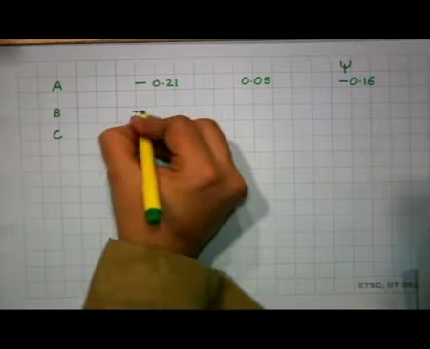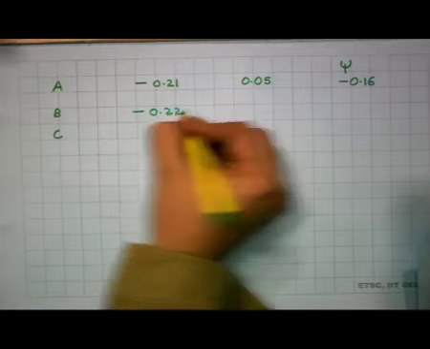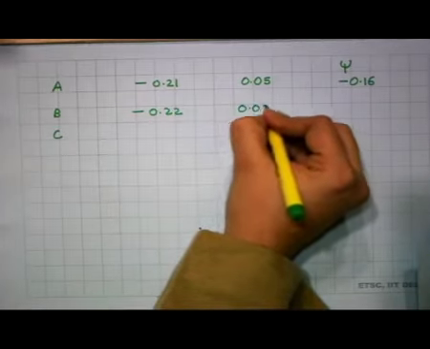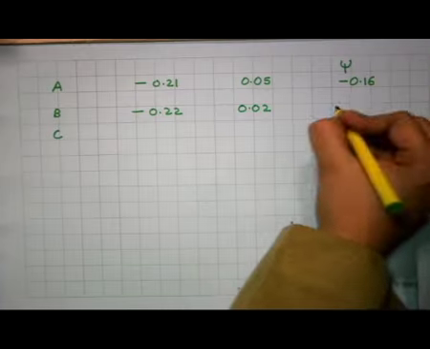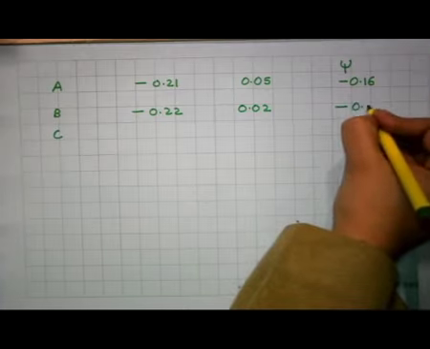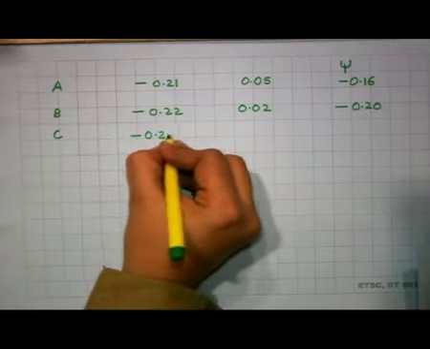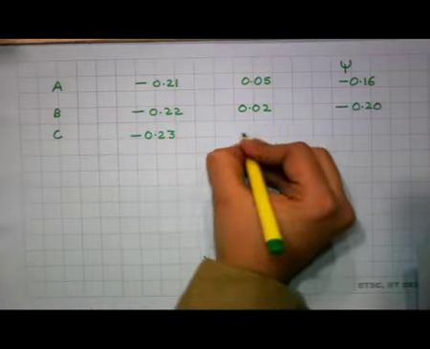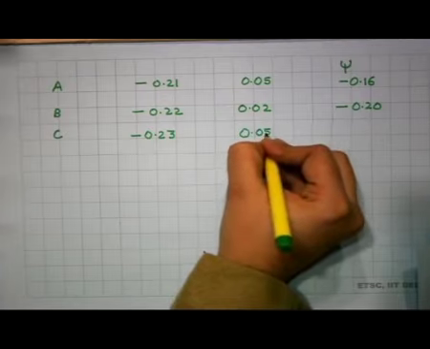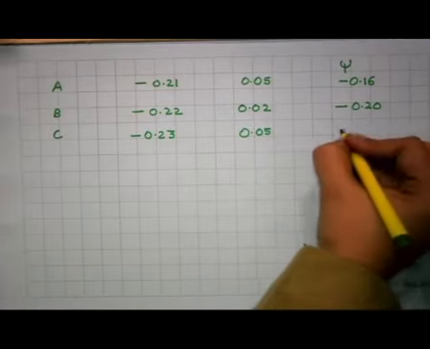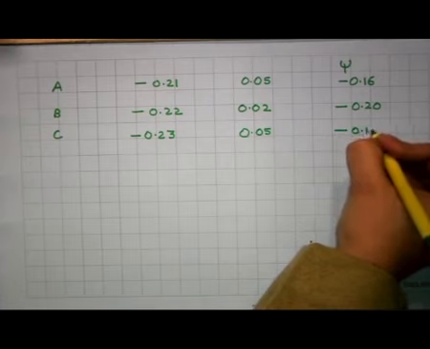Similarly, for the second, minus 0.22 and 0.02, total potential will be minus 0.20, and thirdly minus 0.23. It is simple subtraction, 0.05 and minus 0.18.